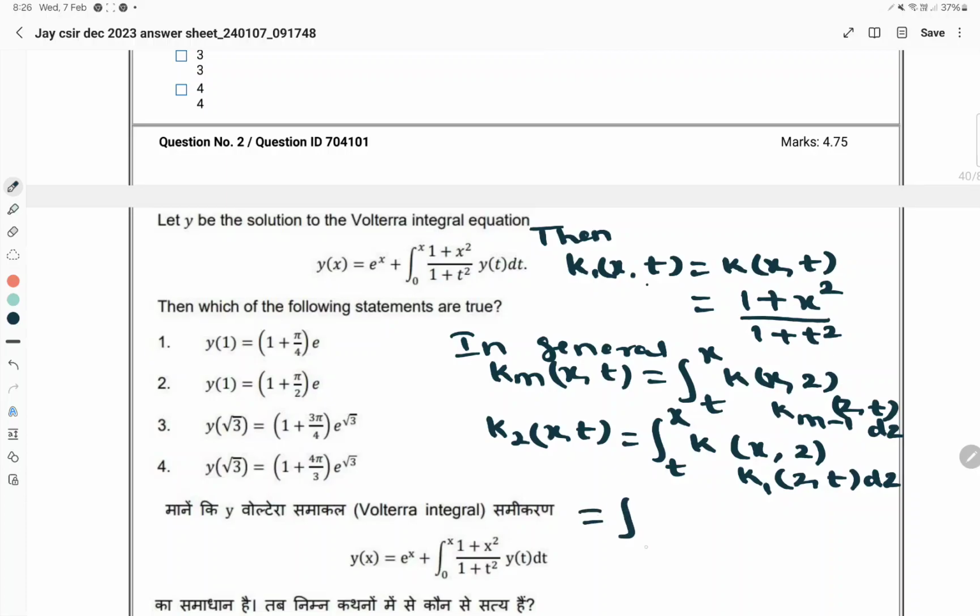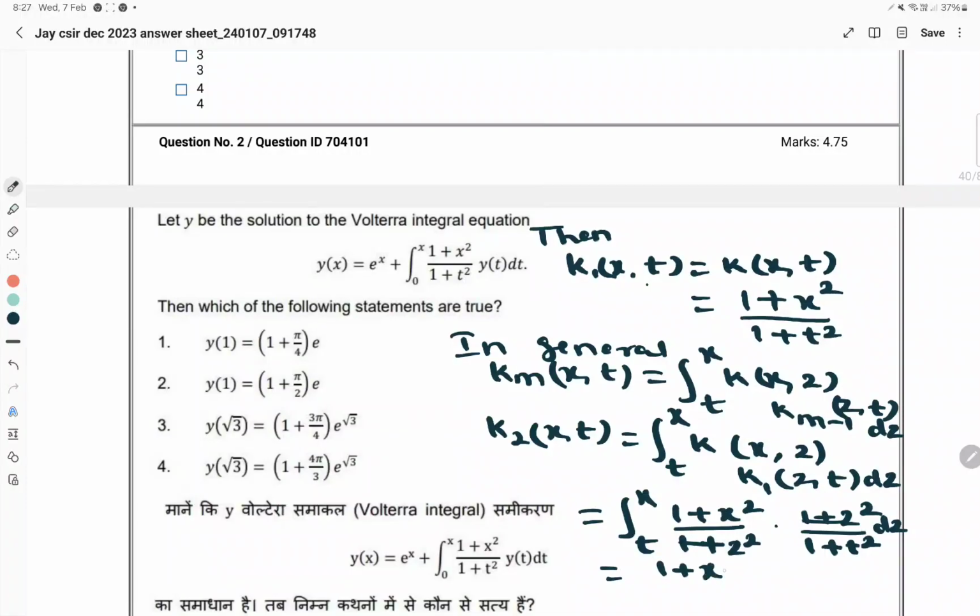Which is equivalent to integral t to x. Already k of x comma t is 1 plus x square by 1 plus t square. K of x comma z becomes, in place of t put z, 1 plus x square by 1 plus z square. K1 of z comma t is equivalent to k of x comma t, replace x by z, into dz. Both these terms will get cancelled.